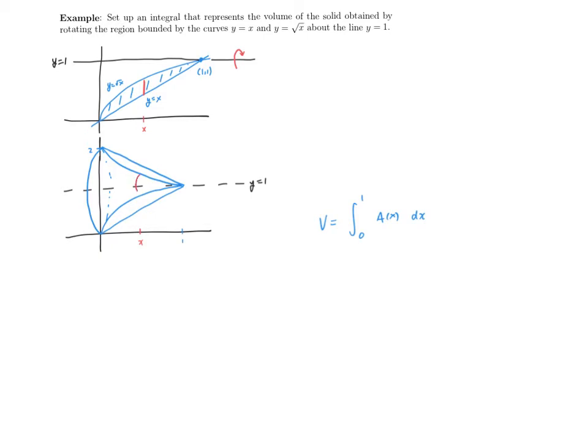So roughly, it would look something like this. It's an annular region determined by rotating this small line segment about y equals 1. So let's draw this separately and see if we can determine its area.